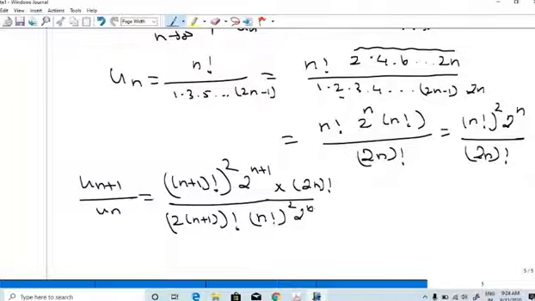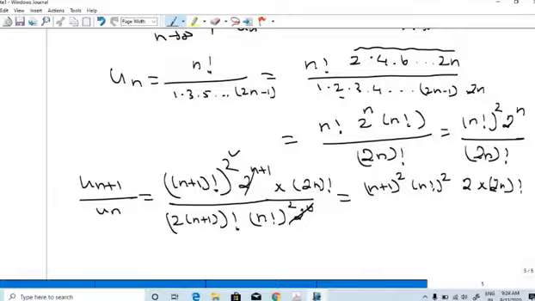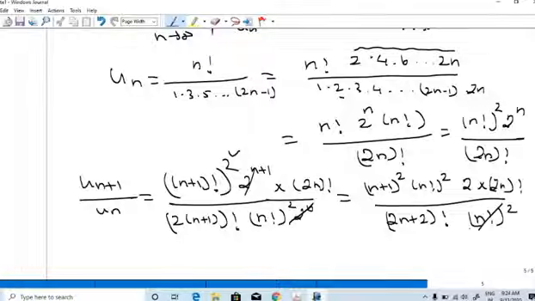This 2 power n and 2 power n cancel. We have 2 here. Again, (n plus 1) factorial we can write as (n plus 1) into n factorial. Therefore this square is there, so (n plus 1) square into (n factorial) square, and then this is 2. And the remaining is (2n) factorial by, if you multiply 2 inside, (2n plus 2) factorial. Now we can cancel this (n factorial) square.